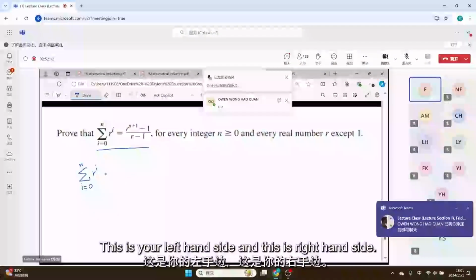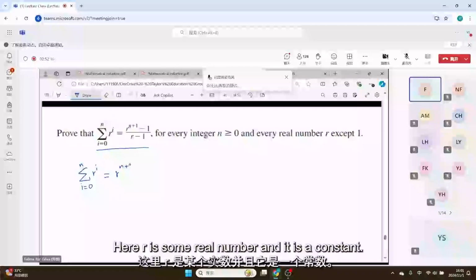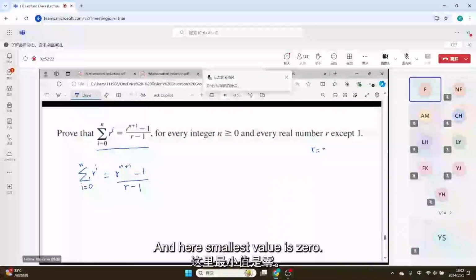This is your left hand side, and this is the right hand side. Here r is some real number and it is a constant. And here the smallest value is 0.